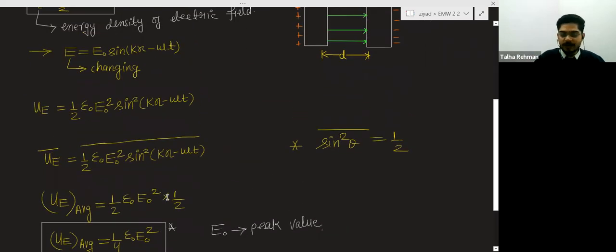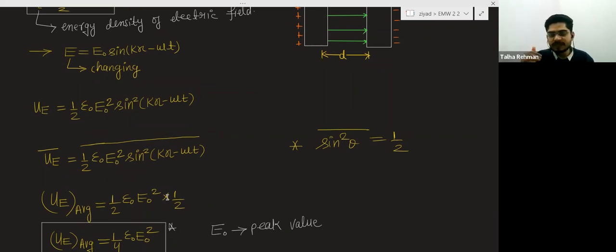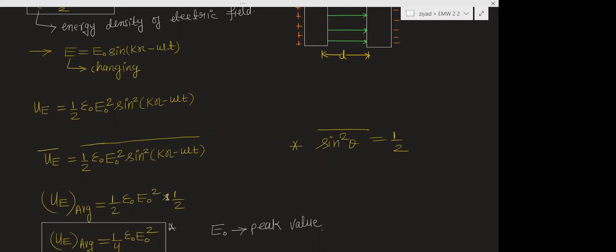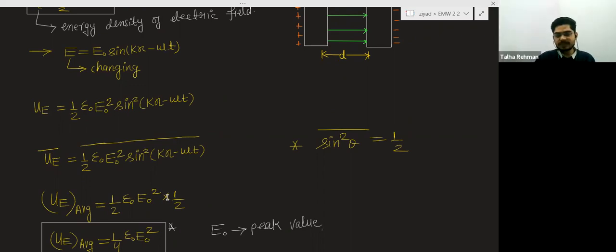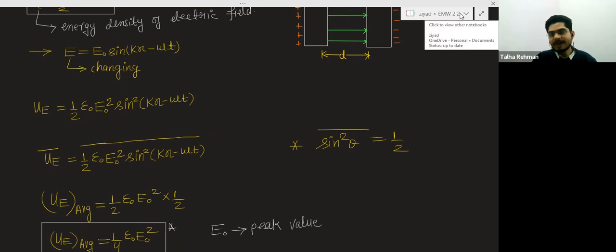Now, how can we calculate the energy density of the magnetic field? I have told you there is an inductor, and the energy stored in the inductor is in the form of magnetic energy, in the form of the magnetic field.